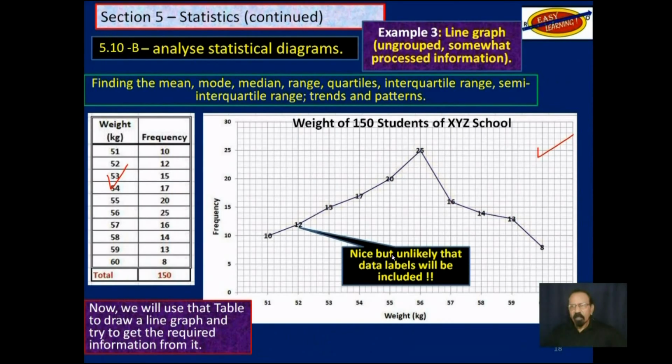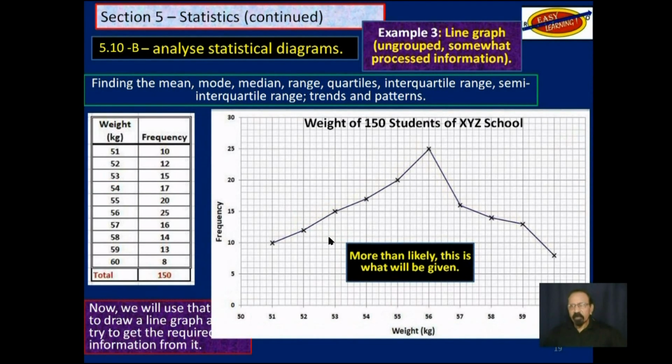However, that's not likely what you will be given, because you may not have these data labels here. More likely, you'll be given this. Remember, you're not given that table for this objective. You're given this graph, and we have to extract those pieces of information from it.